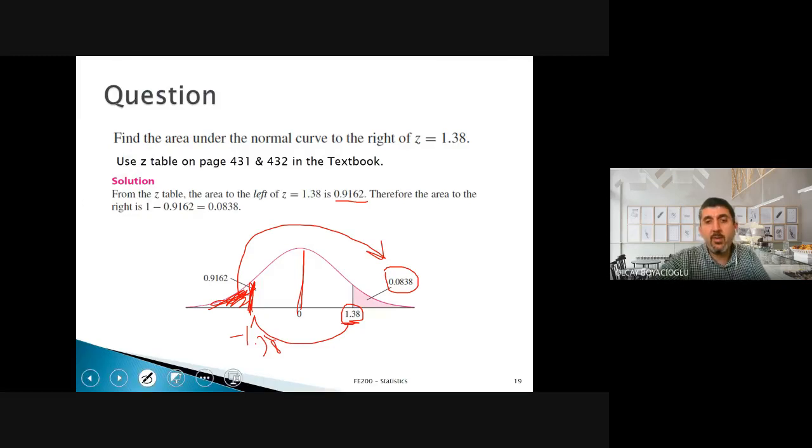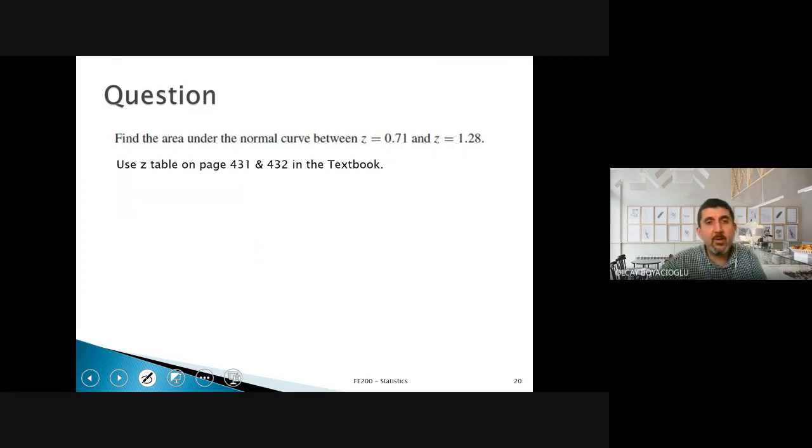Same like the positive value, you can take the negative value, then you directly reach the answer, because they are asking for the right area. Since my table gives me all the values to the left, if I just change this value to negative, I can directly get my number, right? All right, another one.